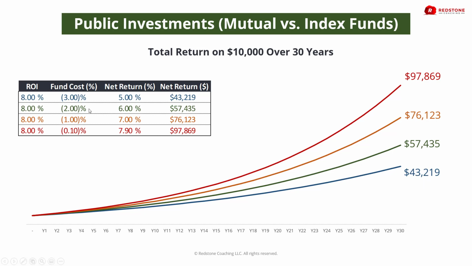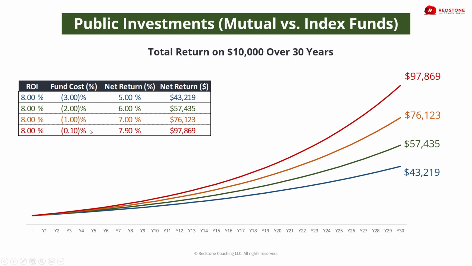Well, now let's assume that you reduce the fund cost by 1%. So now you're only paying 2%. Well, 8% return minus the 2% cost is going to give you a net return of 6%. If you're earning 6% on your $10,000 over 30 years, that's going to give you $57,000. Well, what if your fund cost is only 1%? You're netting 7%, and that's going to give you $76,000 over 30 years.